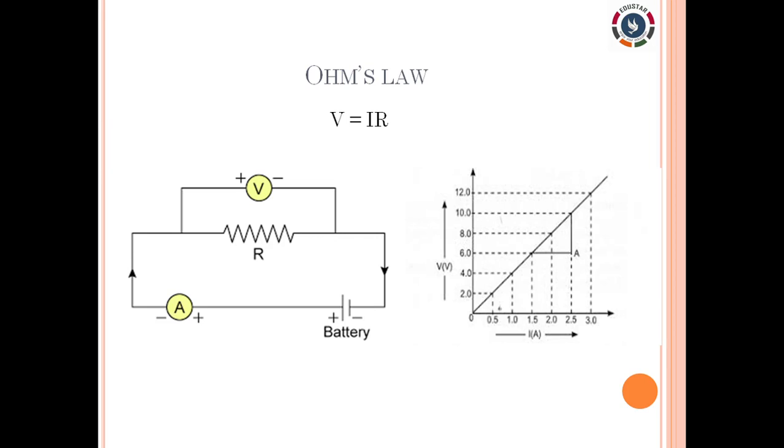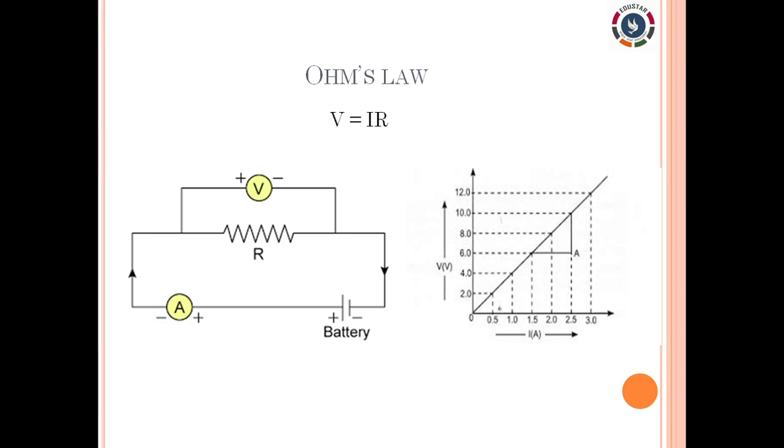In this formula V is equal to IR, three different physical quantities are given. When working out a numerical, if any two physical quantities are given, you can find the third one. You can calculate R by using the V by I relationship, or you can calculate I is equal to V by R. On your screen, you can see the circuit diagram for Ohm's law and how we can plot the graph of voltage versus current.